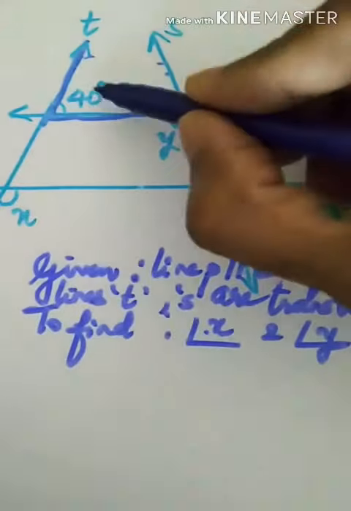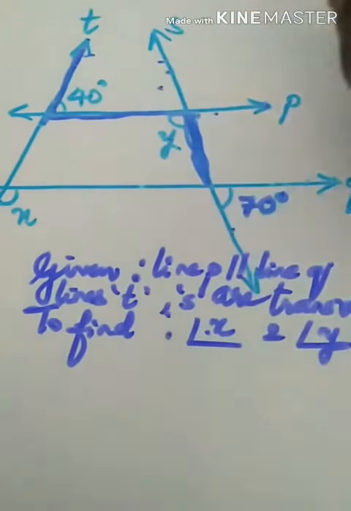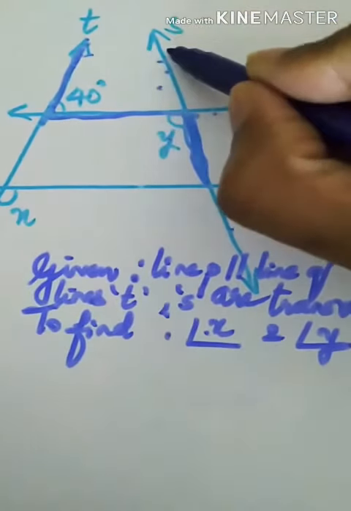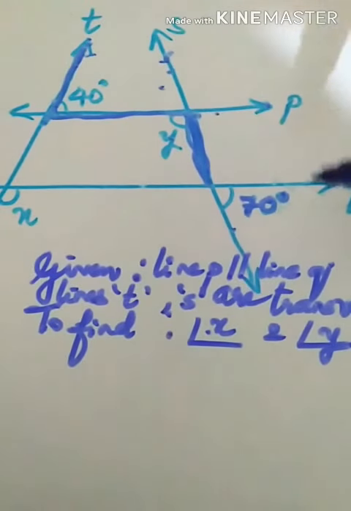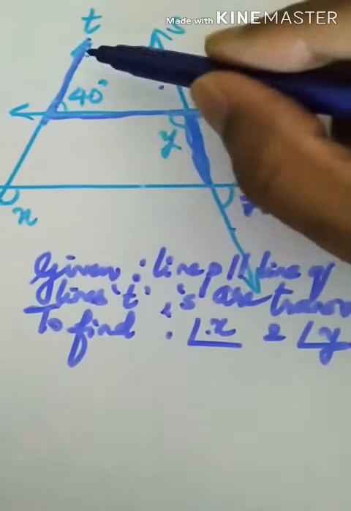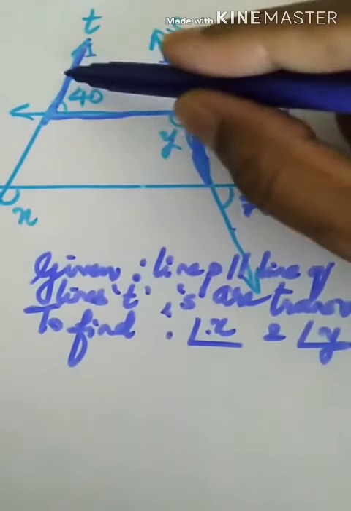So we can't say that y is equal to 40 because line T is not parallel to line S. Only lines P and Q are parallel. So you can't consider these two alternate angles. It is wrong.